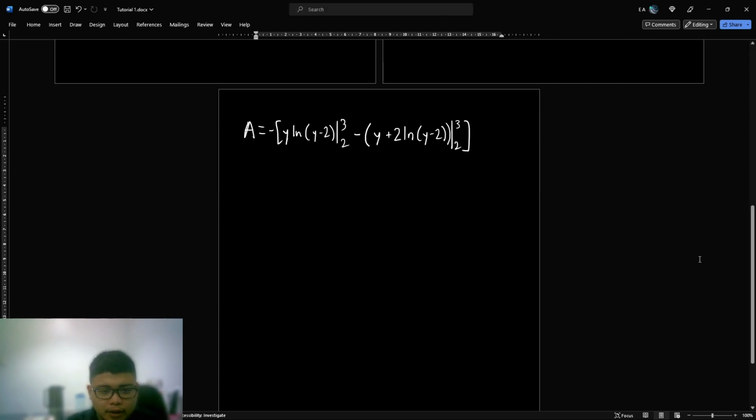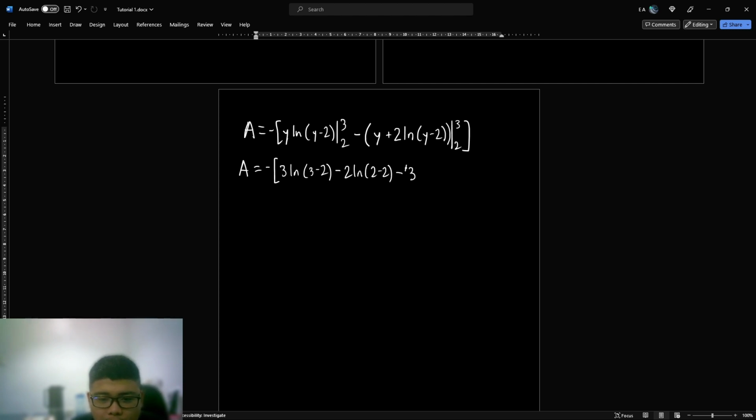Evaluating this expression, we would get the area equal to negative of [3 ln of (3 minus 2) minus 2 ln of (2 minus 2) minus 3 minus 2 ln of (3 minus 2) plus 2 plus 2 ln of (2 minus 2)], all negated.